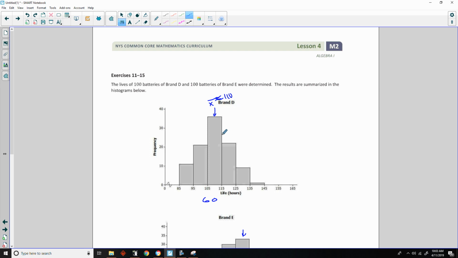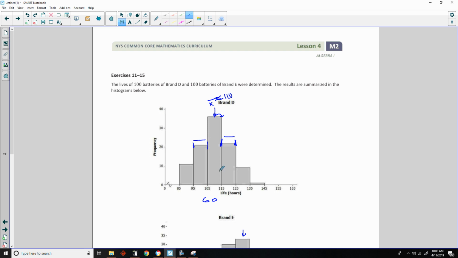If we're going to deviate from the mean, that means, how far over did we go to get to the next area? So one deviation would be this bar here, or going to the left between here and here.